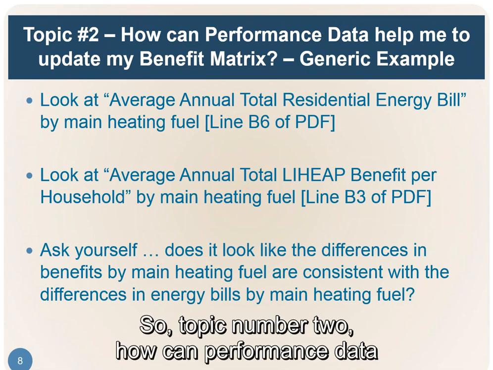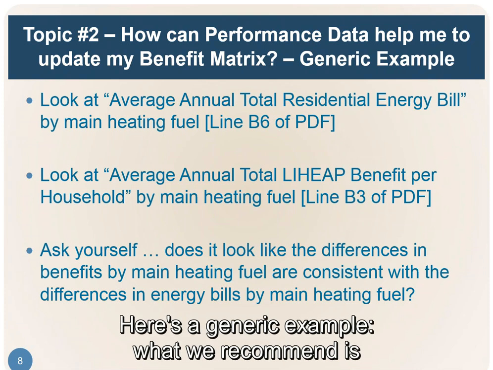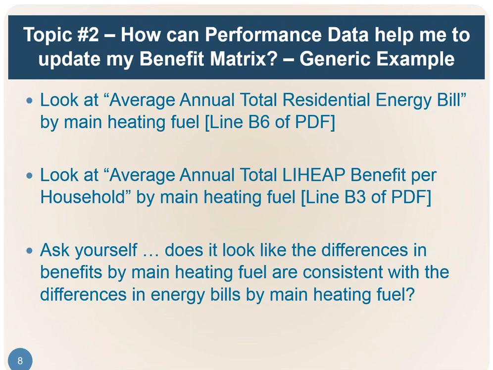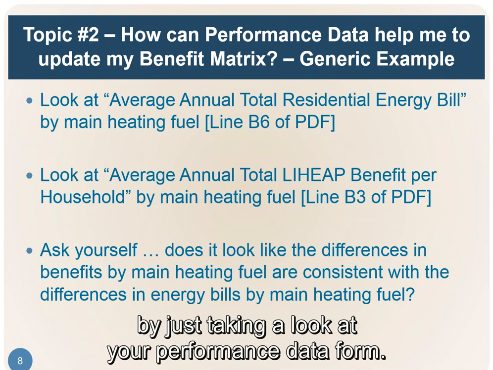So topic number 2: how can performance data help me to update my benefit matrix? Here's a generic example. We recommend that you start by just taking a look at your performance data form.